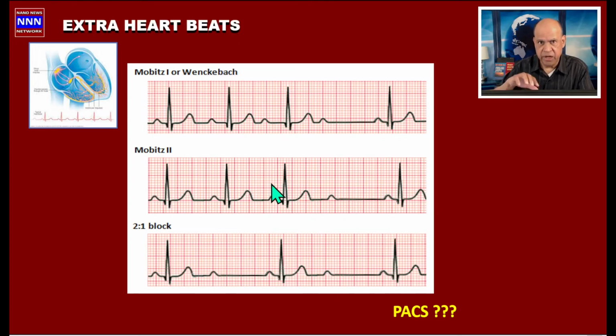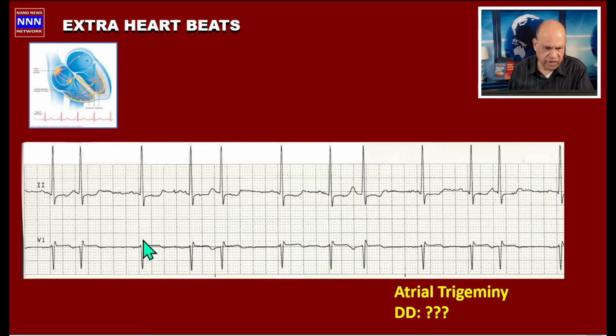Similarly, with a complete heart block, we can see multiple P waves blocked, and some of them may be conducted occasionally through the AV node, in which case it is called the high-grade AV block. Now, here is an example of a normal beat, extra beat, pause, normal beat, extra beat, normal beat, extra beat.